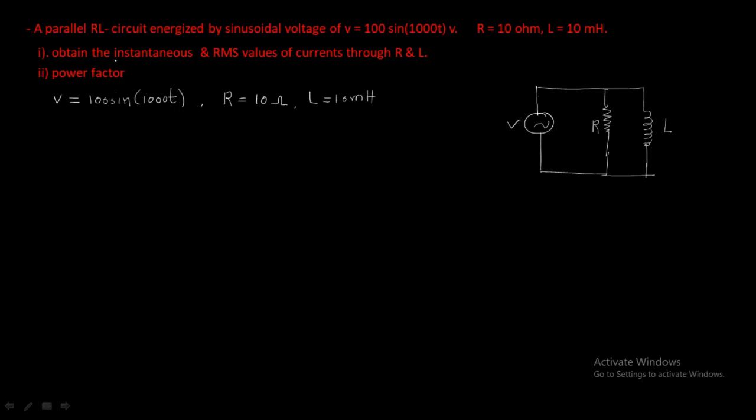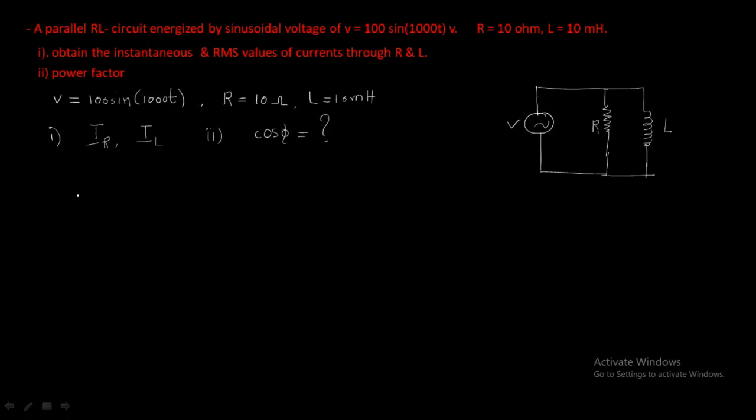The first question: obtain the instantaneous and RMS values of current through the R and L. The first question is to find the instantaneous currents IR and IL. The second question asks to find the power factor. Power factor value is cos phi.